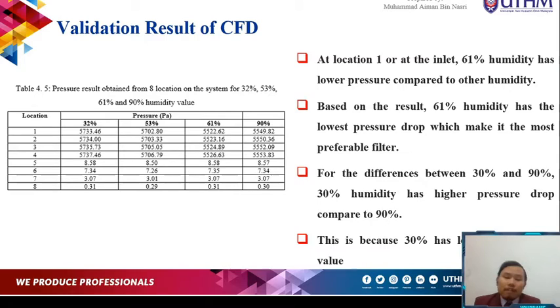By referring to the table, for 32%, we have 5733.46 Pascal, and then for 90% humidity we have 5549.82 Pascal. This is at the inlet pressure. This is because 32% has lower permeability value.